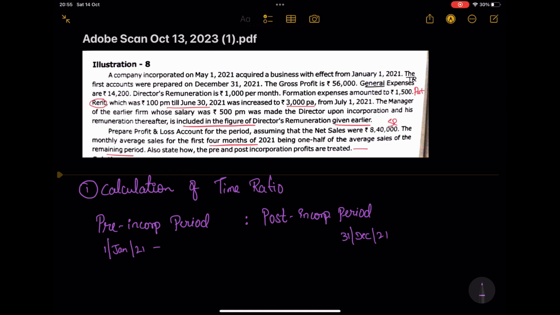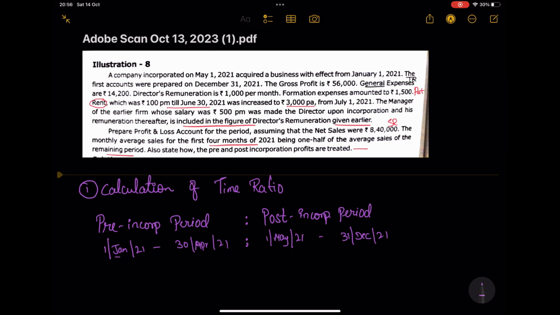The company was incorporated on 1st May 21, which means 30th April 21 is my last date of pre-incorporation.